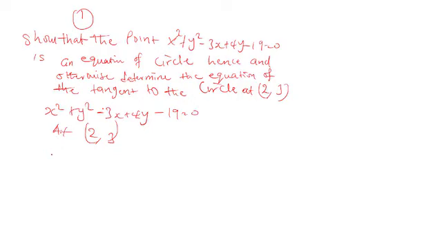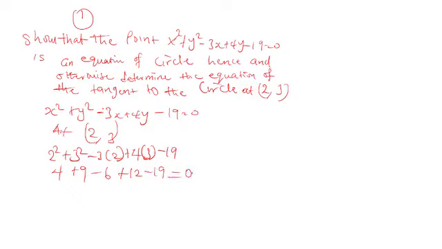So we can state it by saying 2 squared plus 3 squared minus 3 times 2 plus 4 times 3 minus 19. Let's see if we have 0. This is 4 plus 9 minus 6 plus 12 minus 19. 4 plus 9 is 13, 13 minus 6 plus 12 minus 19, which equals 0.